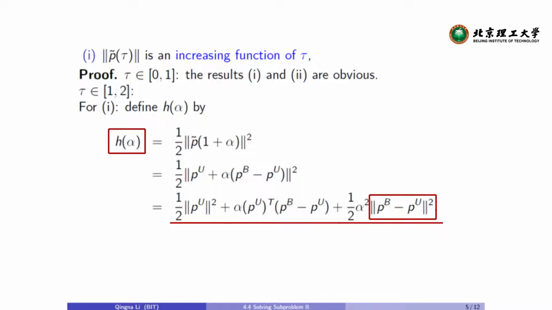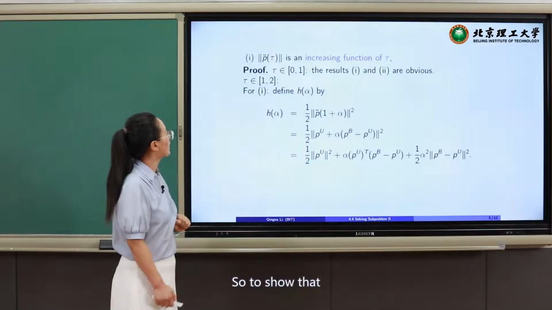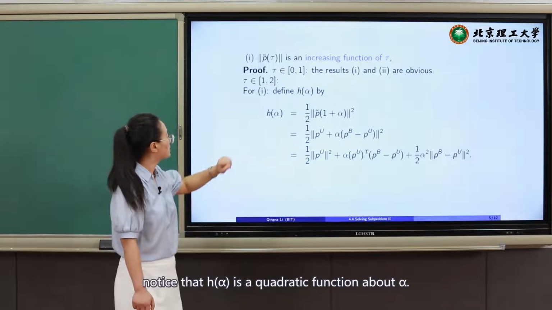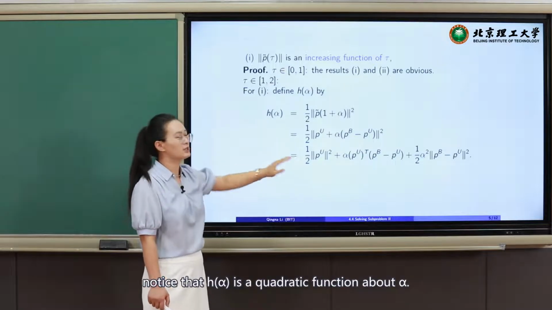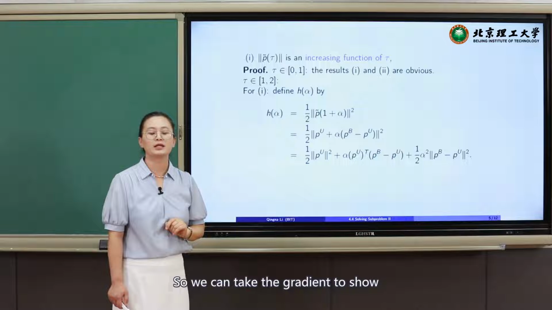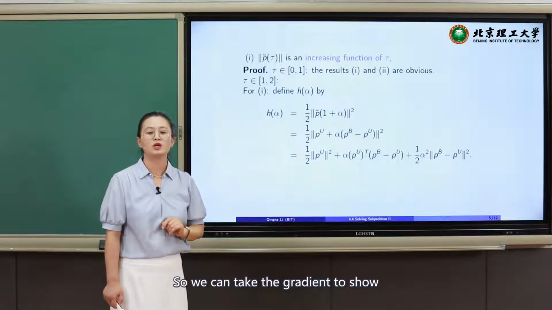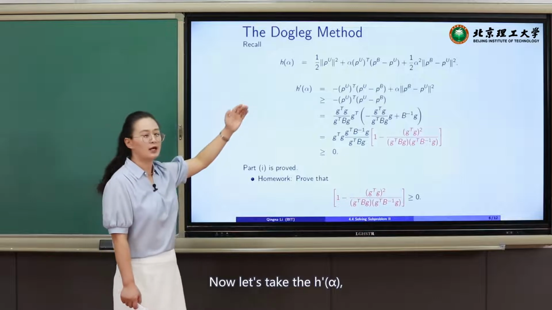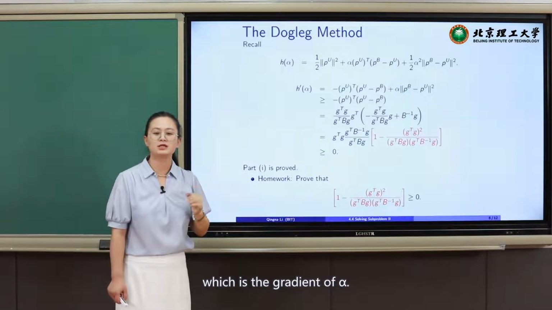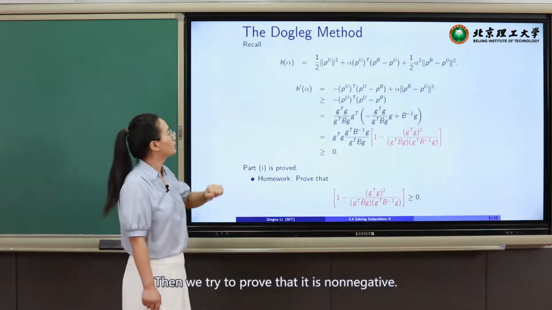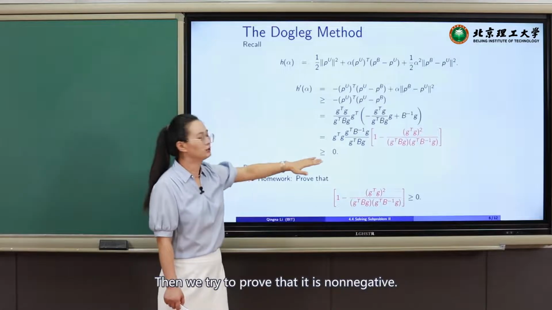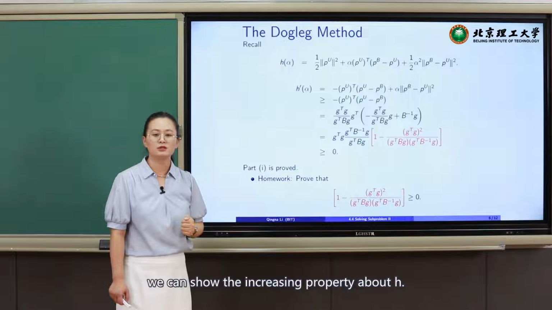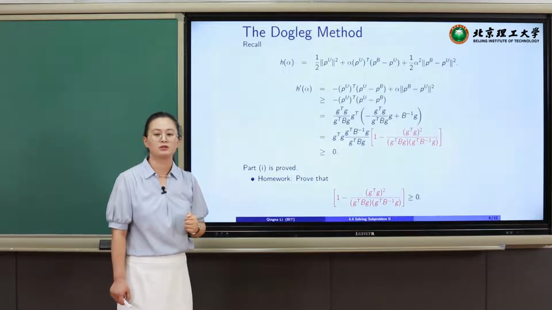To show that h alpha is an increasing function, notice that h alpha is a quadratic function of alpha, so we can take the gradient to show the increasing property. Let's take h prime alpha, the gradient with respect to alpha, and try to prove that it is non-negative. By doing this, we can show the increasing property of h.